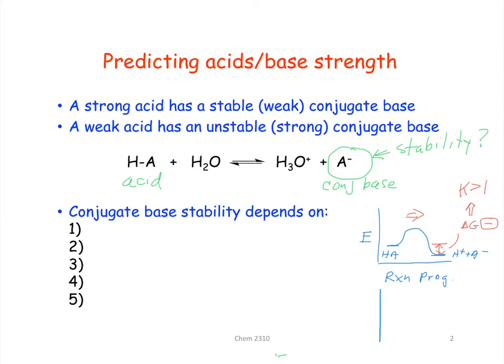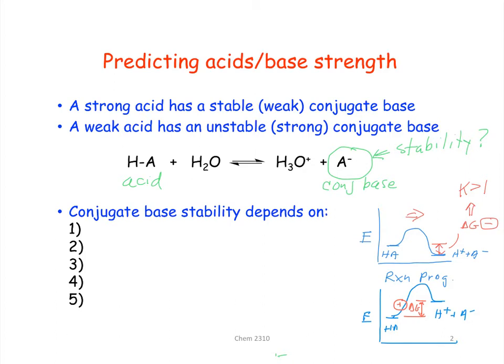In contrast, if we have a reaction coordinate diagram that looks like this, so here's HA, and it goes to something like this. Here's H plus A minus up over its transition state like this. Notice that the difference in free energy for this reaction, delta G, would be positive because the product is higher in energy than the reactant.